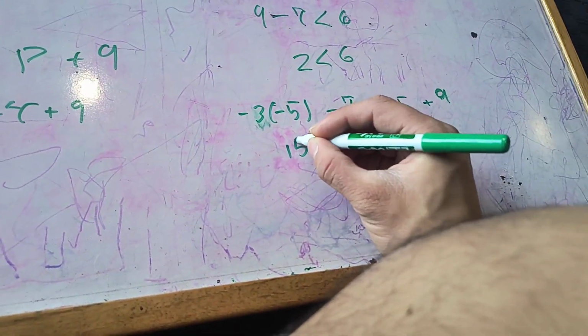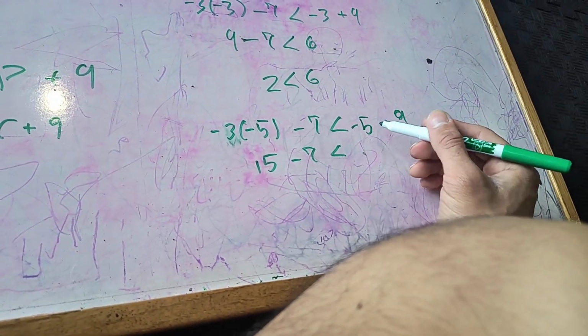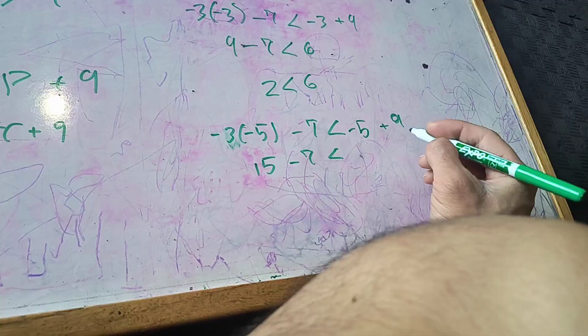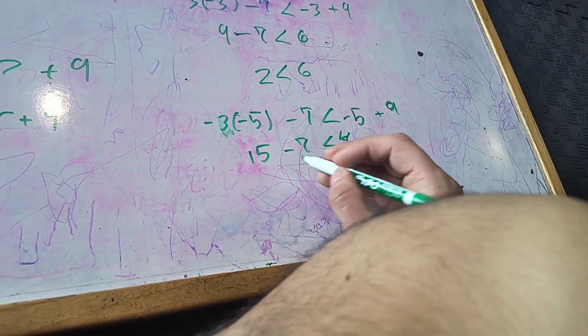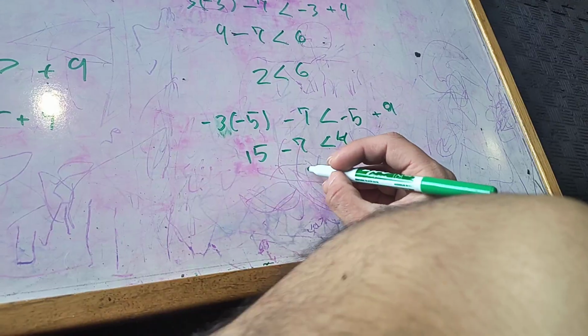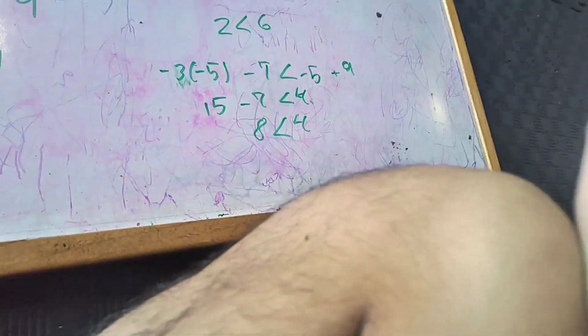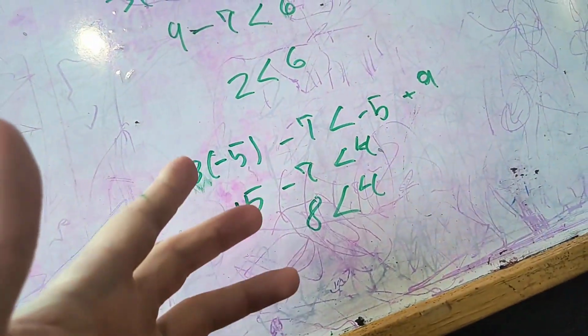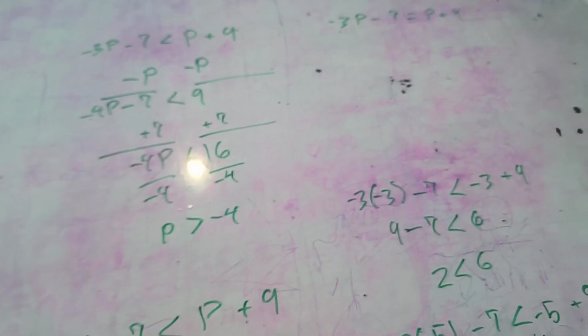This would be 15 minus 7, and negative 5 plus 9 is 4. And 15 minus 7 is 8. So that's clearly not true. So yes, inequality solved. Stay in school.